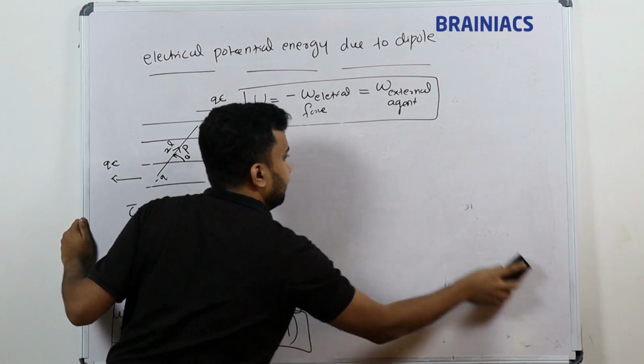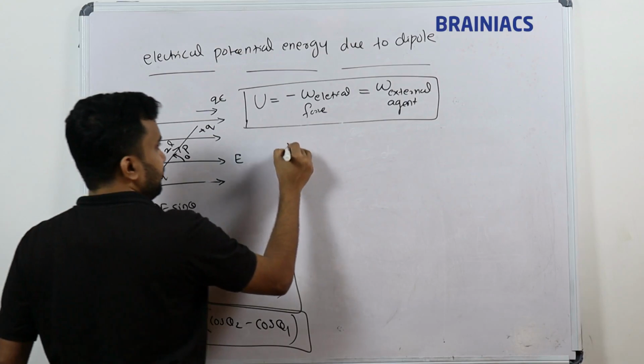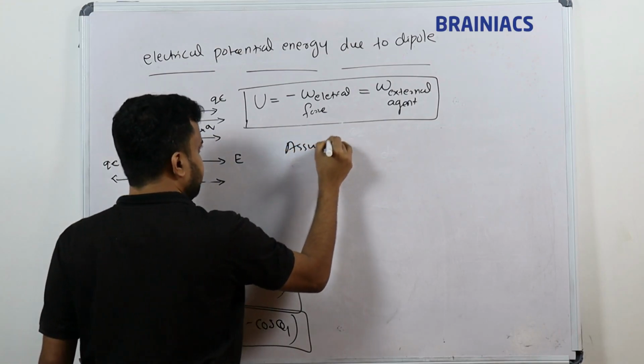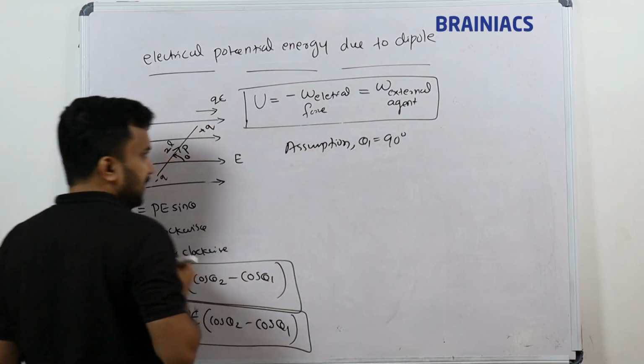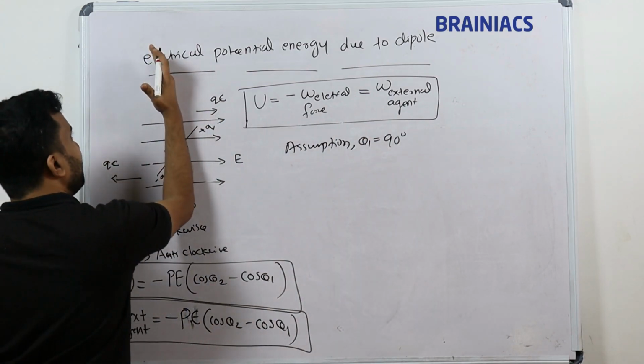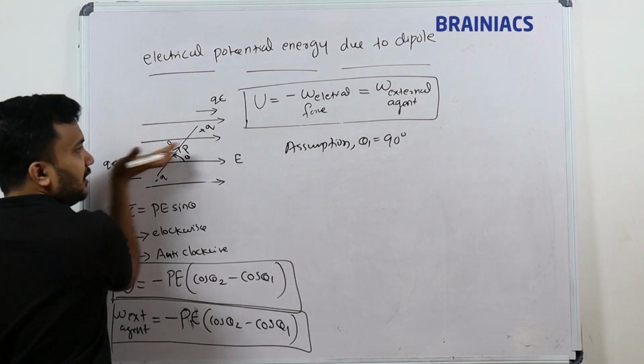Initially I am making an assumption, just an assumption only: theta 1 equal to 90 degrees, which means the dipole moment is like this, minus q to plus q like this, and the electric field is like this.